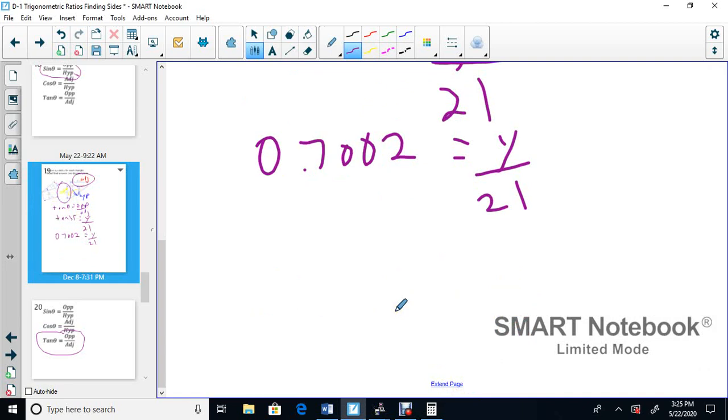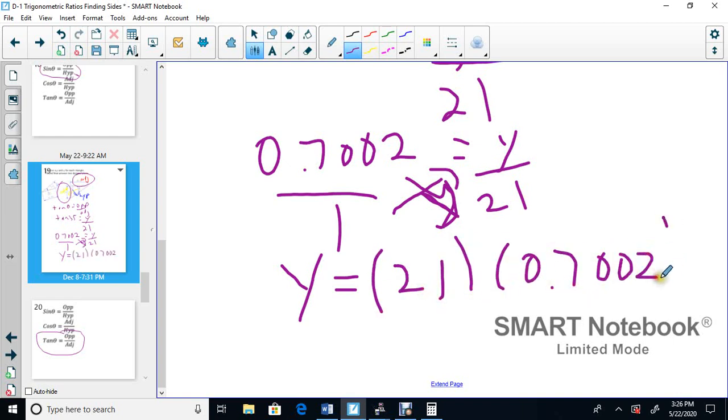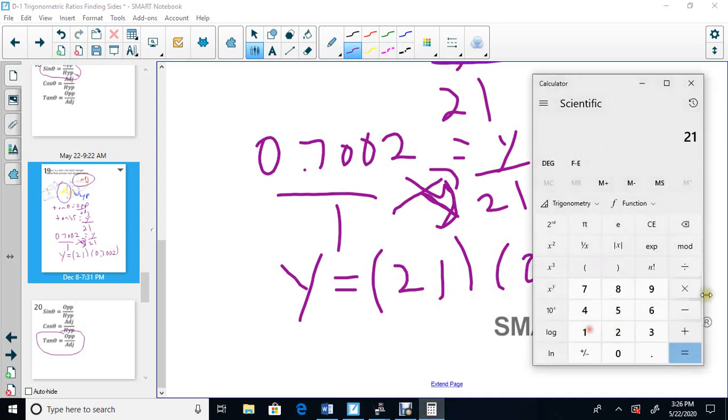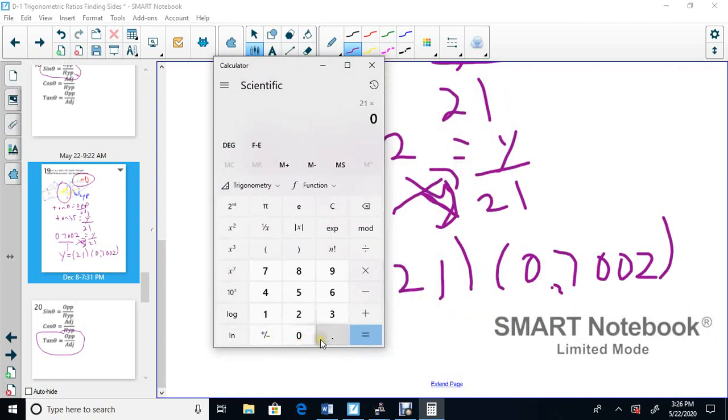You put this over 1, and then you cross multiply. So y equals, so that was just a cross multiply, y equals 21 times 0.7002. Then we go back to our calculator. 21 times 0.7002, and you get 14.7.